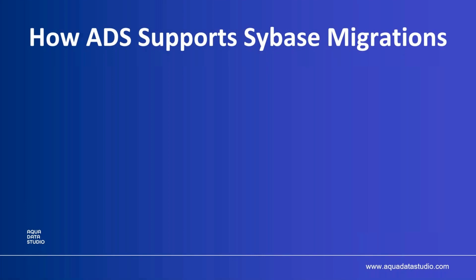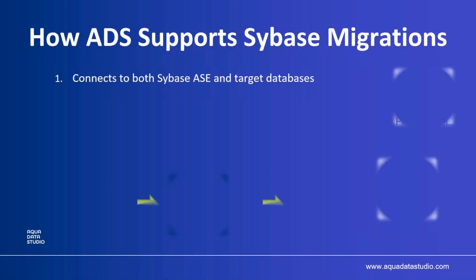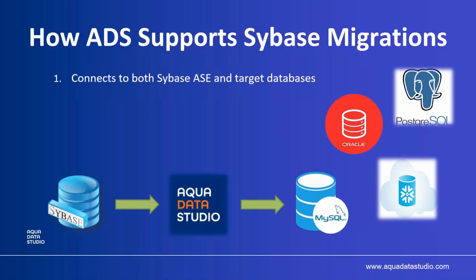So how does Aqua Data Studio help organizations that might be migrating off of Sybase ASE? Migrations can be stressful, but Aqua Data Studio reduces that friction by giving you one unified environment to manage the entire process. You can connect to your Sybase instance and your target instance right in the same interface.